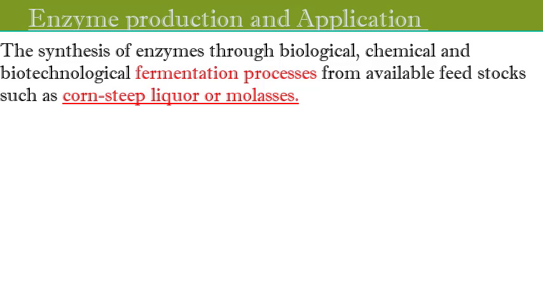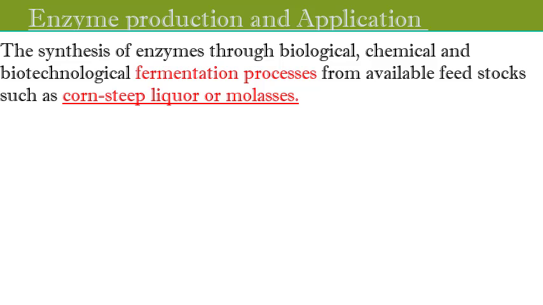Enzymes are proteins that catalyze specific biological reactions, and these are widely used in industries such as pharmaceuticals, food, textile, and biofuel industries. When we see microbial enzyme production, microorganisms like bacteria, fungi, and yeast are the primary sources of industrial enzymes.